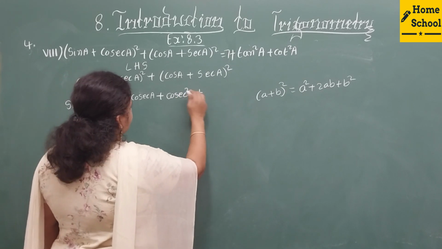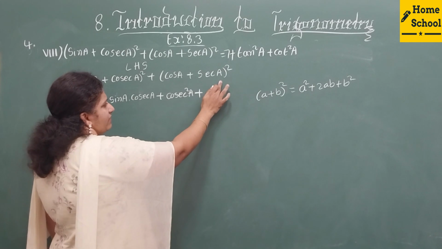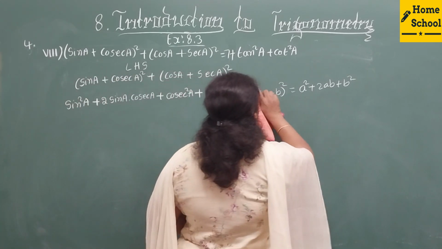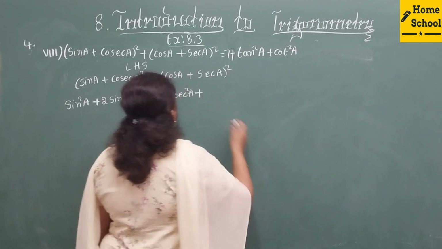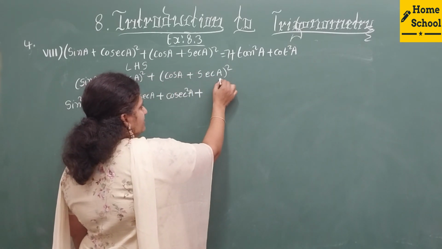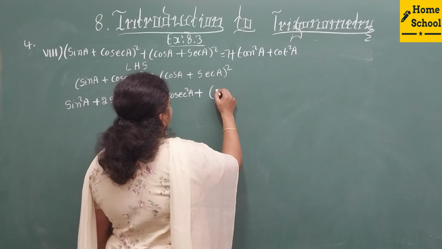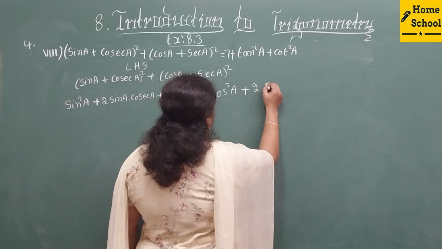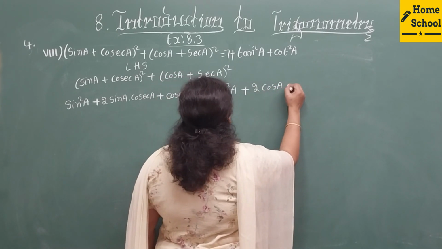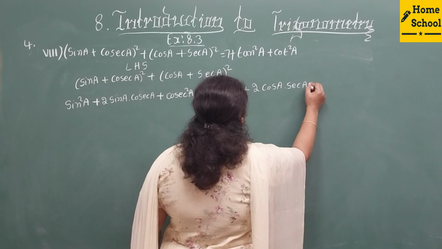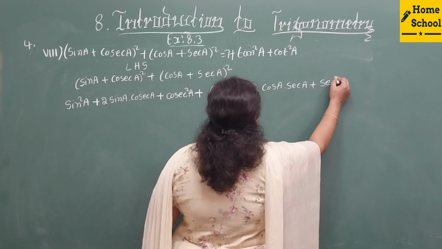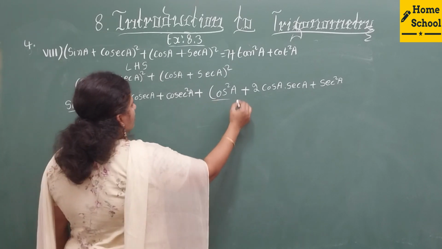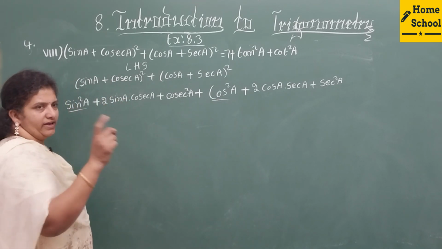Plus again the (a plus b) whole square formula, that is (cos A plus secant A) whole square. A value is cos A, B value is secant A. That is cos square A plus 2 cos A into secant A plus secant square A. Sin square A plus cos square A is what? 1, we know that.